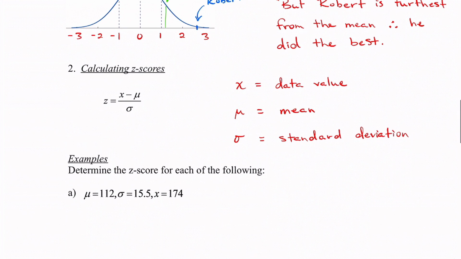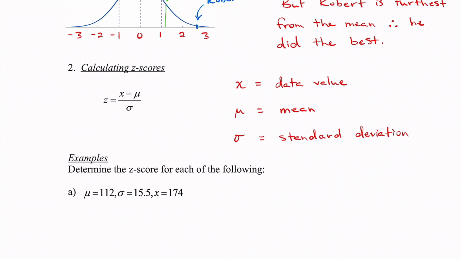So next here we got our first example with z-scores. It says we got mu is 112, the standard deviation is 15.5, and then the x value is 174. So we are going to find the z-score from this. So our z-score, just using the formula, is x minus mu divided by the standard deviation.